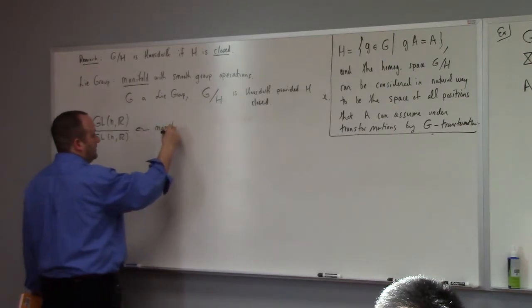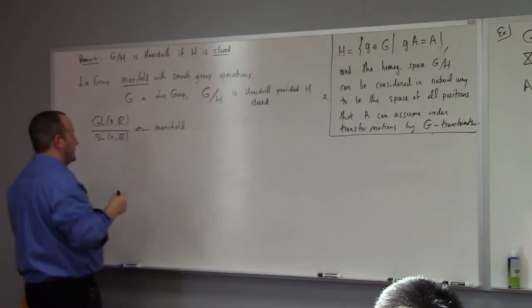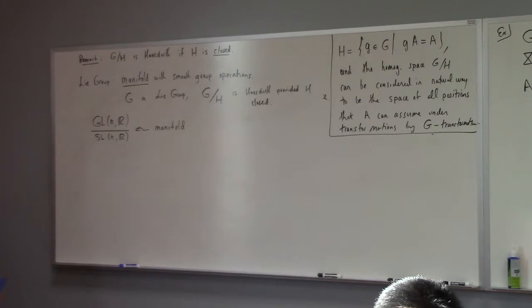It's more than that, right? Because SLn is also the kernel of the determinant map and is hence a normal subgroup. So in fact, this is not just a manifold, it's also a Lie group because H is normal. The quotient space is itself a Lie group. It's a group, and it can be shown that it's smooth with respect to the operations.